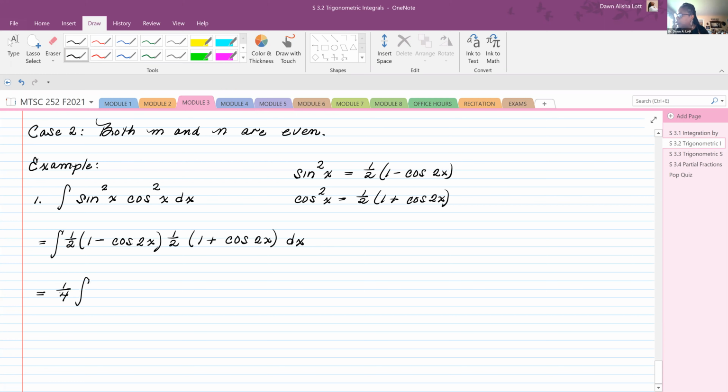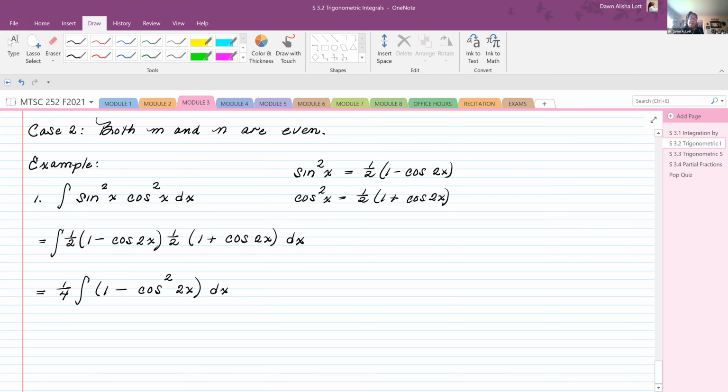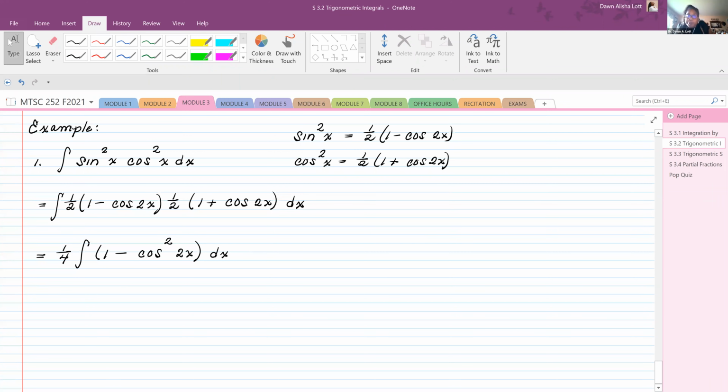One over 4, the integral, this is going to give me 1 minus the cosine squared of 2x inside. Okay. Whoa, I got another cosine squared. Okay, got to use another formula.